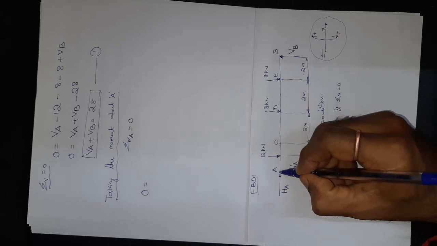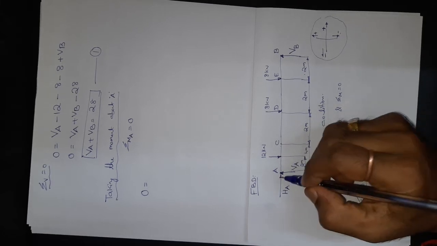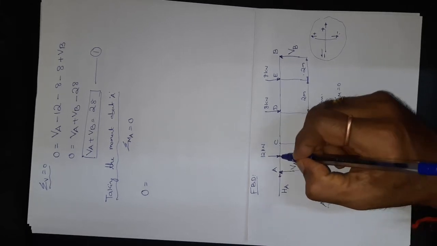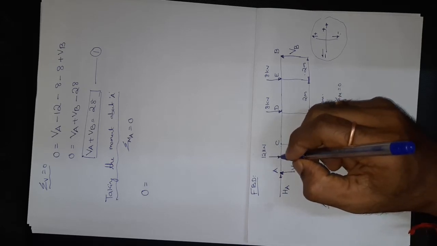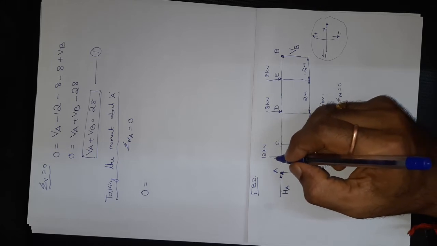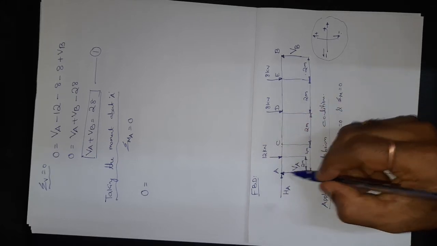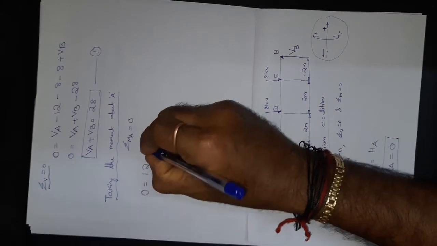So for HA and VA, this moment will be 0. Let me consider the point where the 12 kilonewton force is acting vertically downwards. Therefore, it tends to rotate the object in clockwise direction, which will carry the positive sign. And the distance from the origin is 2 meters. So 12 into 2 is the moment.